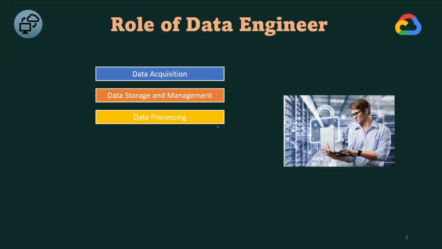The third thing is data processing. We need to think about which tool we are going to use. There are plenty of tools available: Spark, Databricks, Dataproc, Dataflow, Amazon Glue, Kinesis, Synapse, Athena. Which tool we use for data processing, we need to think about.